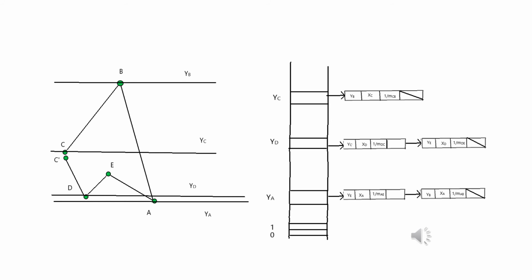Then we have to store another edge, AB, information about AB. So here A is the bottommost vertex and B is the topmost vertex. So we have to consider the information about YB, then the x-intercept of the lower vertex, that is XA, and the inverse slope 1 by MAB.